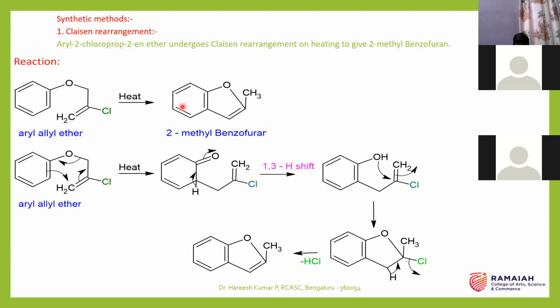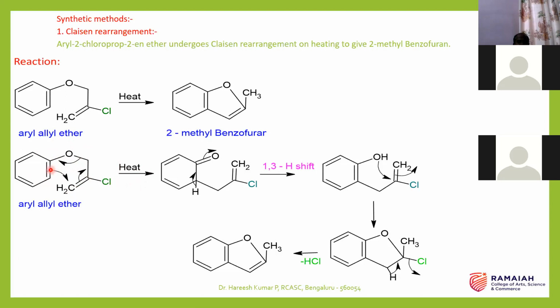So how it cyclizes, you can just look into this transition state. You can observe that this is the oxygen. From this, 1, 2, 3. Similarly 1, 2, 3. So then it's called a 3,3 sigmatropic rearrangement. Here 6 electrons are involved. How are the 6 electrons involved?